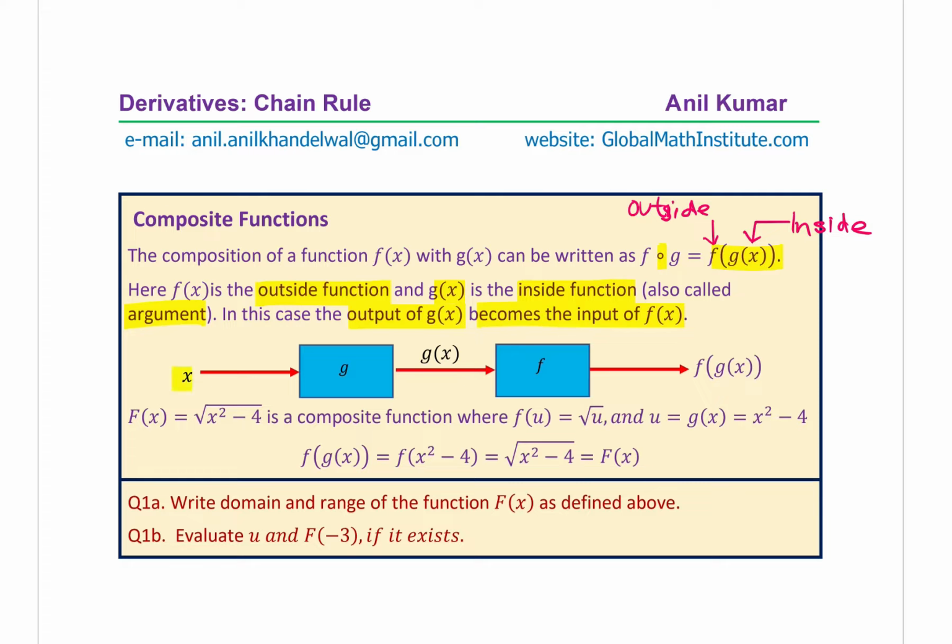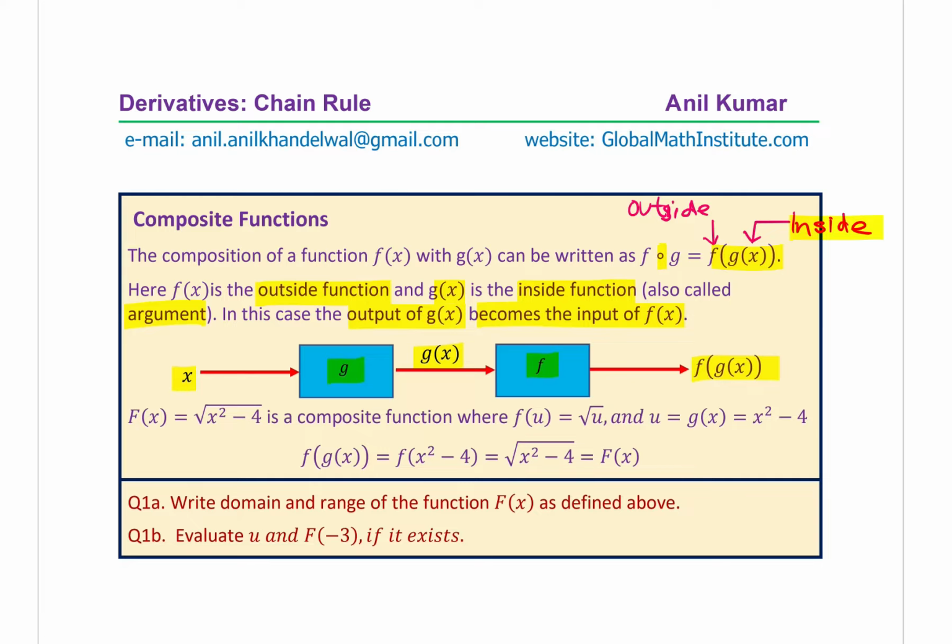If there is an input of x, then first the operation is performed by g, that is the inside function, right? So you get g of x as the output. This output acts as an input to the outer function f, and you get the composite function f of g of x. Is that clear to you? So that is how we can see the composition of function.